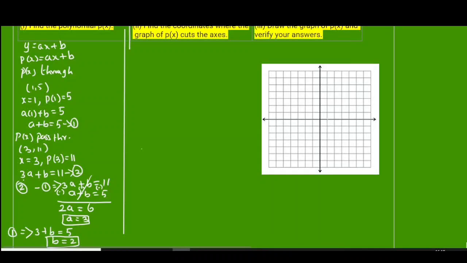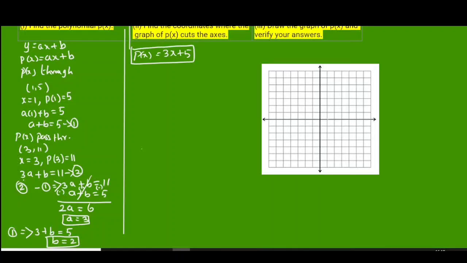Replace this and write P of x. P of x is equal to 3x plus 2. So now we got P of x as 3x plus 2.